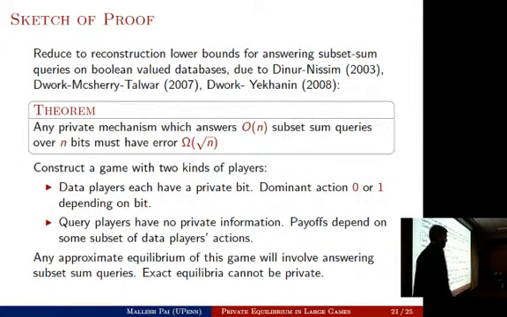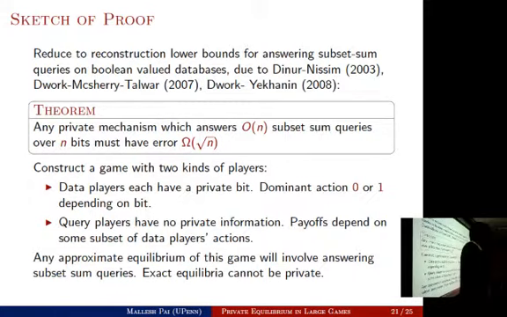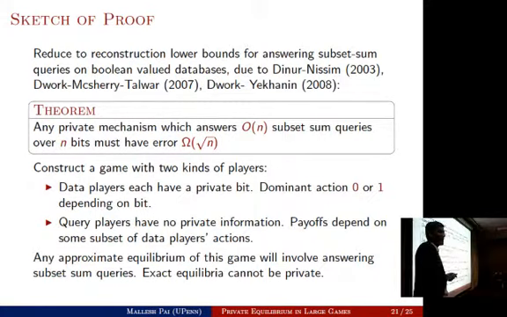You basically can't get away with less noise when you answer all these order n subset sum queries simultaneously. If you had less noise, the person would be able to reconstruct enough of the database to violate privacy to begin with. The cute idea here comes from constructing a specific class of games that reduces to subset sum.